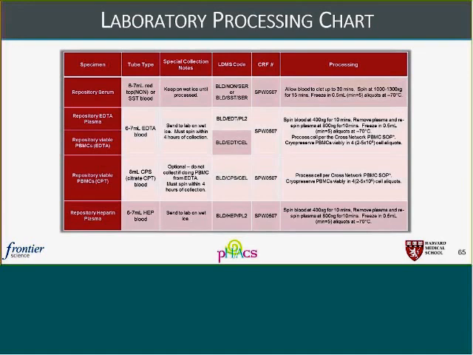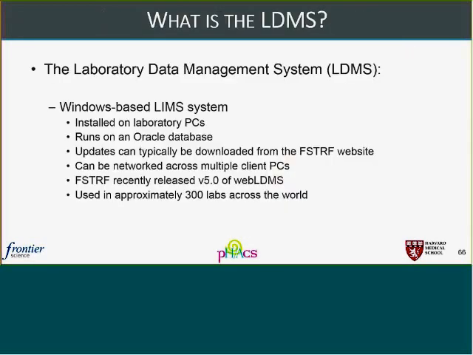We've created what are known as preloads. A preload takes all the information that's in the lab processing chart and puts it into the LDMS, so that whenever you're entering participant information or specimens collected, you won't have to manually enter any of this information. You just have to trigger the preload and enter any additional information that's needed.